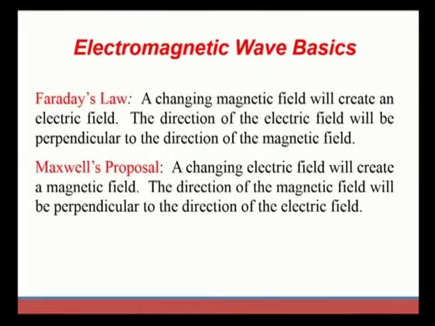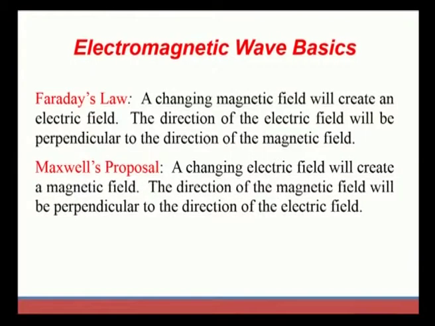From this knowledge, that is the wave-like nature of a charge, two scientists came up with two laws, Faraday's law and Maxwell's proposal. Faraday's law is a basic law that is carried forward, and Maxwell proposed another law based on Faraday's law. Faraday's law states that a changing magnetic field will create an electric field.